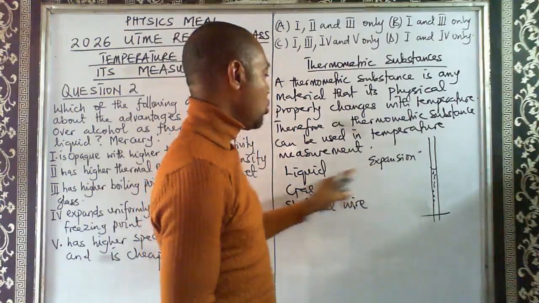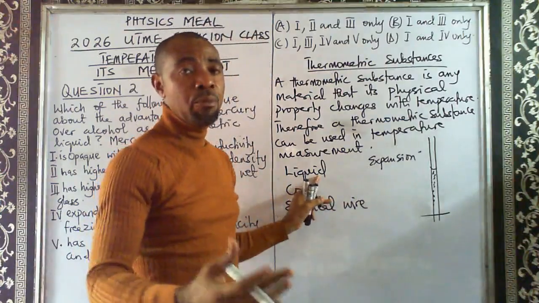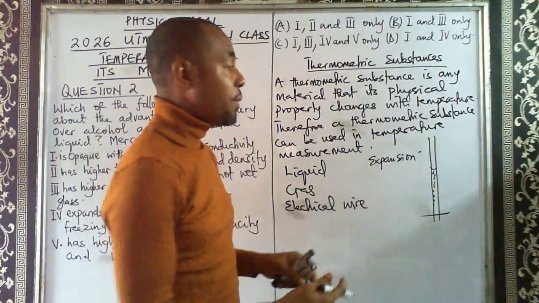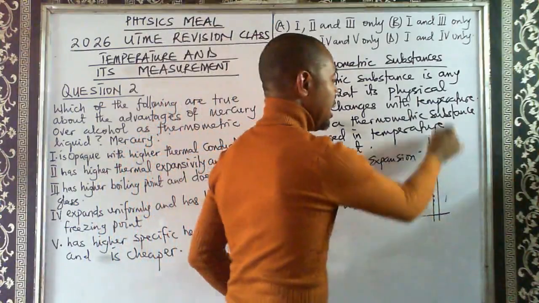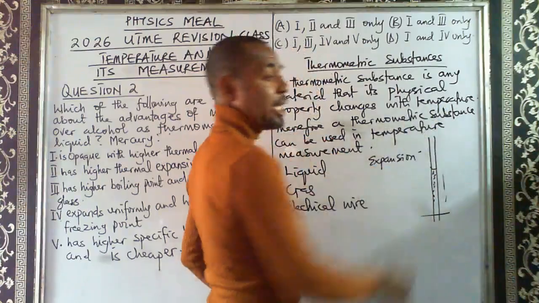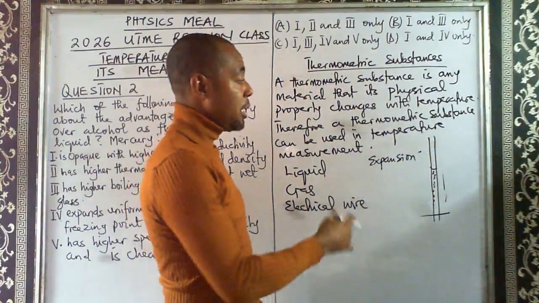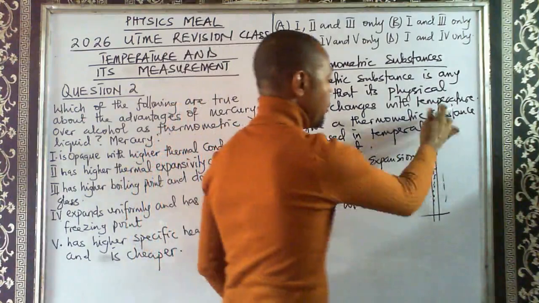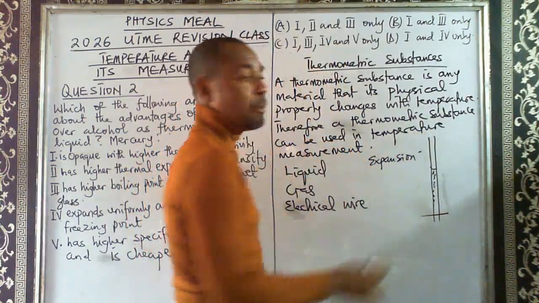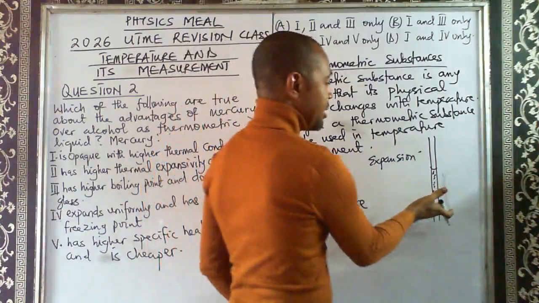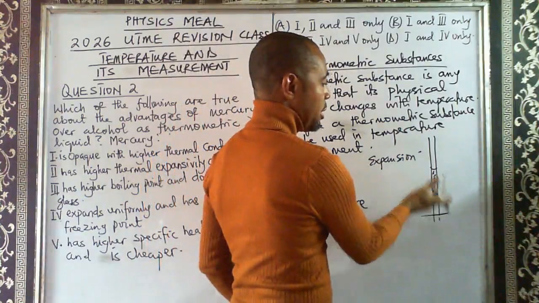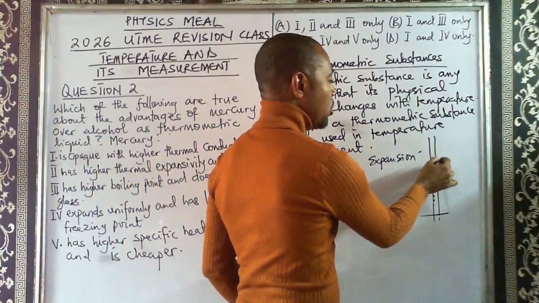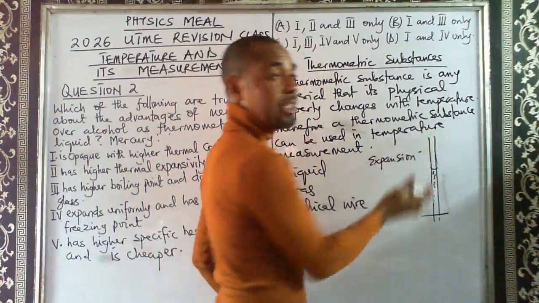So when you are using a liquid as a thermometric substance, the physical property that will change is the length of the liquid in a capillary tube. If you start heating this tube, you'll notice that the length of the liquid will start increasing because of the increase in temperature.